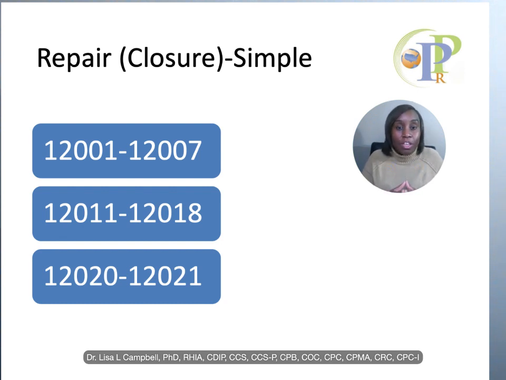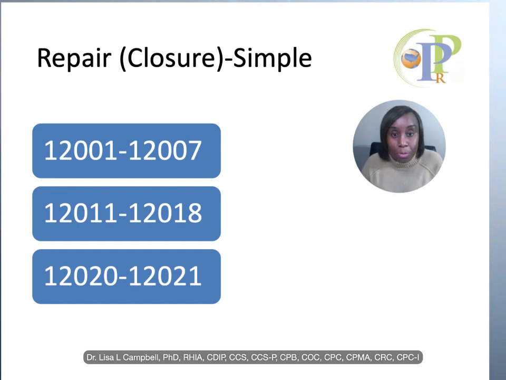And the repair can either be simple, as represented by the codes on page 103, continuing on to page 104. Bottom left-hand corner of page 104, we have our intermediate codes. And then on page 105, we have our complex repair codes. Now, on page 102, we have definitions of what's meant by simple, intermediate, and complex.